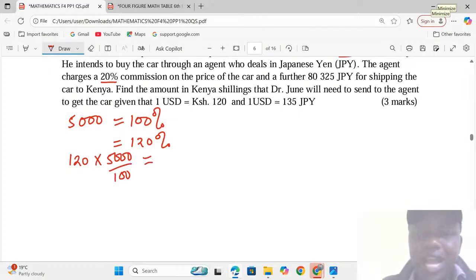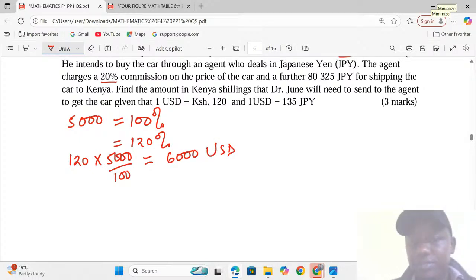So for the car, before the shipping cost, this is 60,000 US dollars.